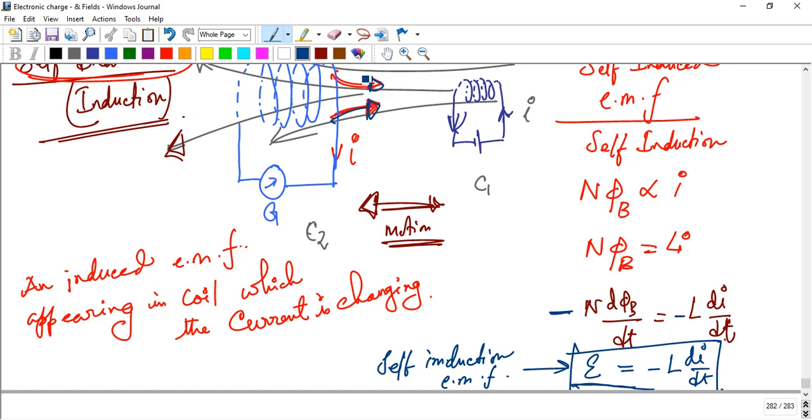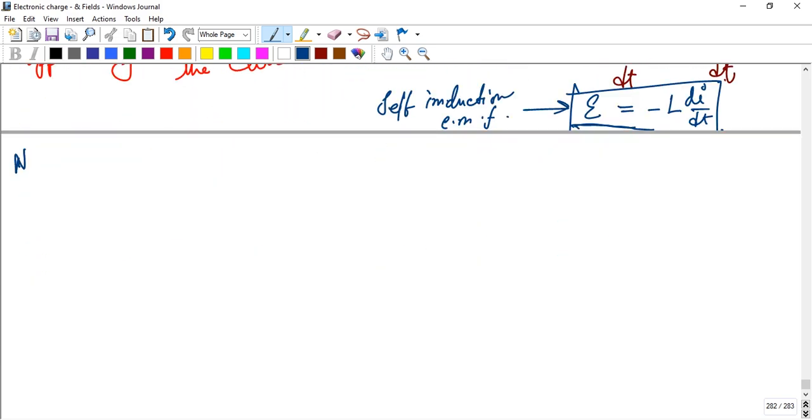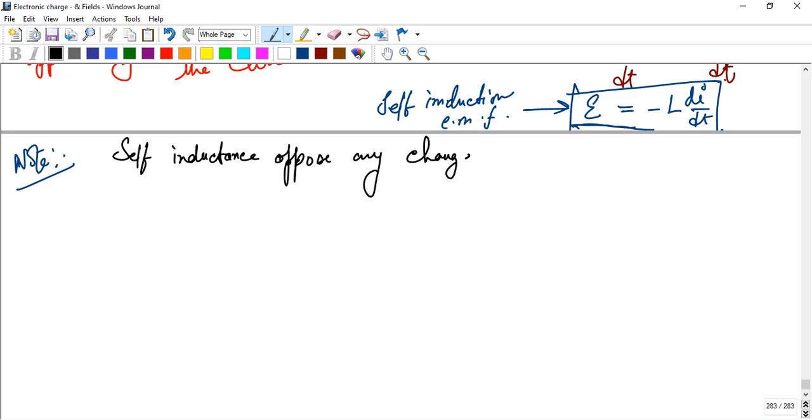So keep in mind the note: the self inductance opposes any change of current in the coil.